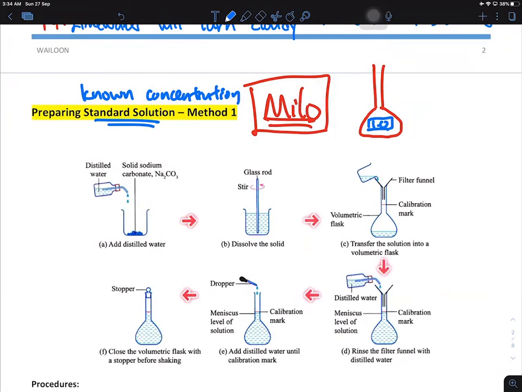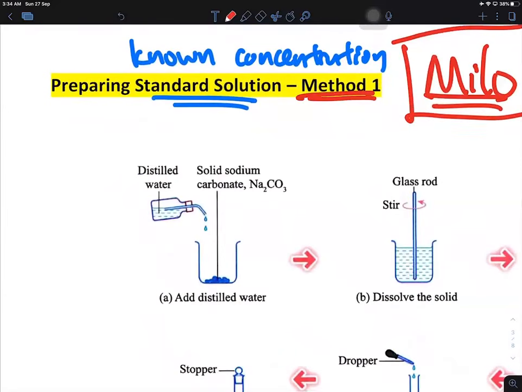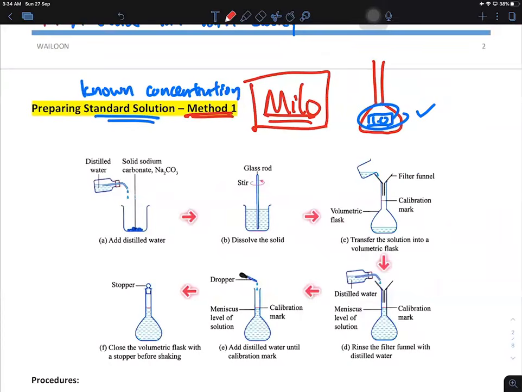This is called a standard solution because there is a concentration. You can tell the exact concentration. If I pass you a cup of Milo, you do not know the concentration, then it is not a standard solution. Okay, let's see, what are the steps to make standard solution using method 1, the Milo method.